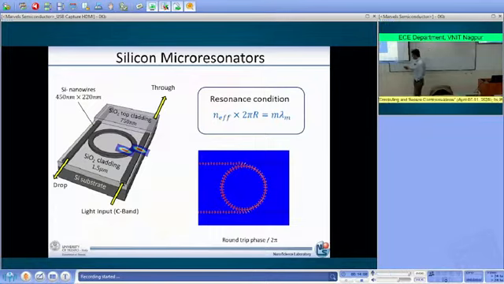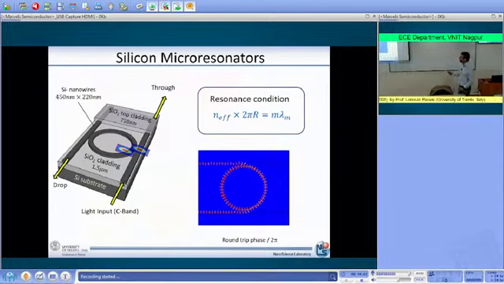So then, if this is the condition for having a light field that is traveling inside the microring resonator, the resonance condition is given by the fact that the optical length of the microring resonator should be a multiple of the wavelength, okay? This is the resonance condition that should be satisfied in order to insert power inside the microring resonator.